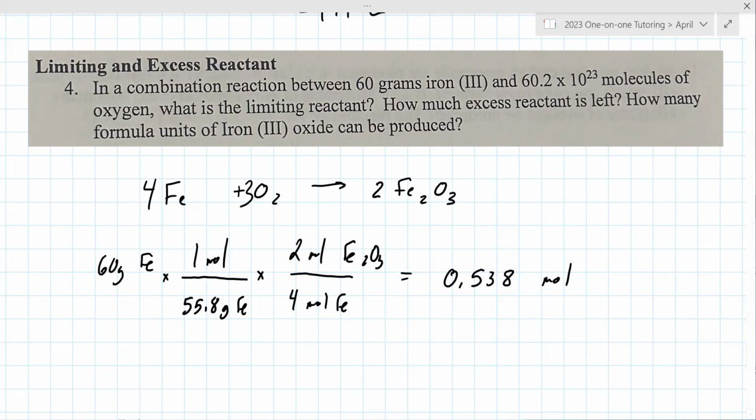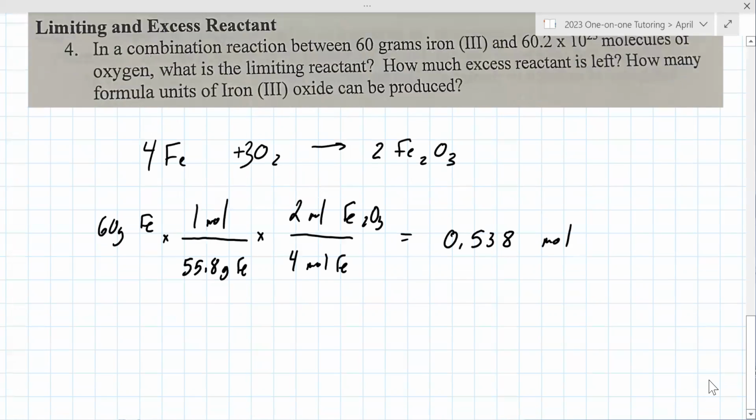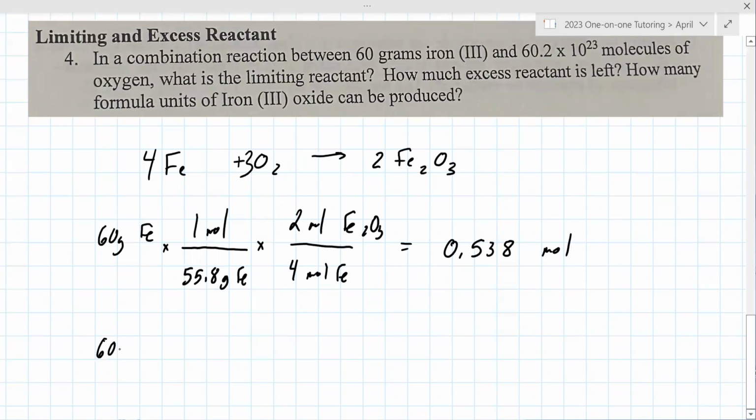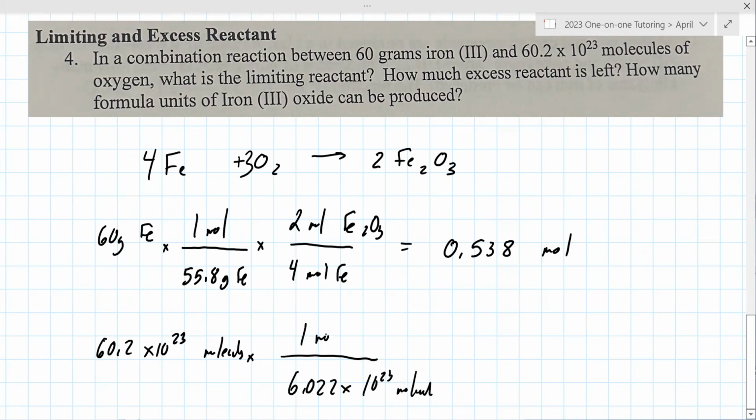So now you do the same thing for the other one. You're like, all right, let's just forget about what we did there. Let's hope we have enough. If we use all of the other one, the 6.022 times 10 to the 23rd molecules in 1 mole of O2, times 3 moles O2.